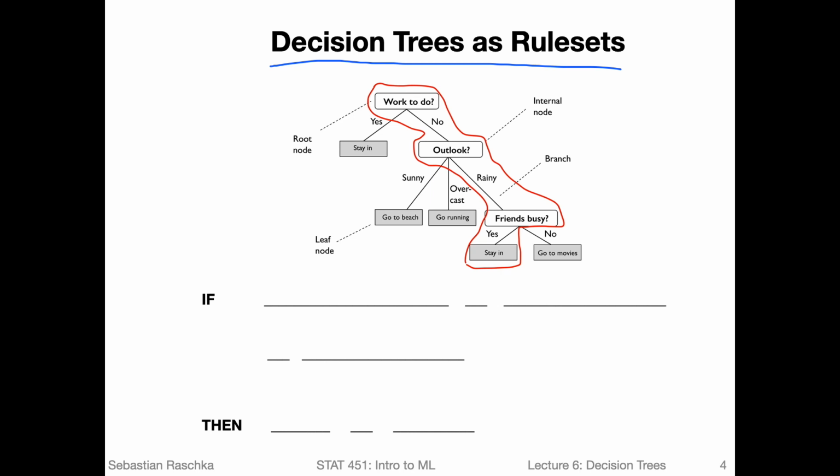And with that, I mean like if-else rules, like in programming. So if we consider the rules for the prediction stay in, we can take a look at this branch here that I outlined in red.